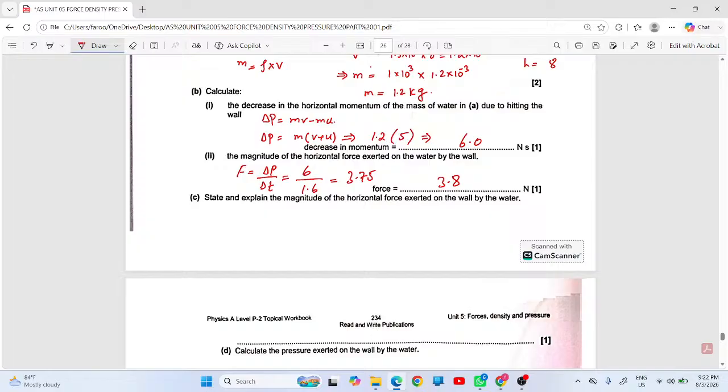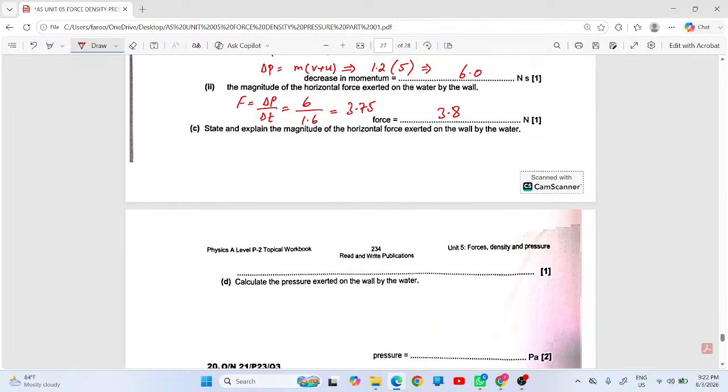Next is state and explain the magnitude of the horizontal force exerted on the wall by the water. पहले हमने क्या निकाला? And यहाँ पे on the water by the wall, क्या होगा? State and explain. Equal होगा and how?